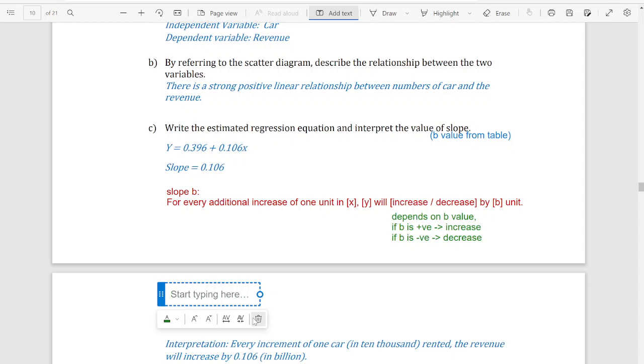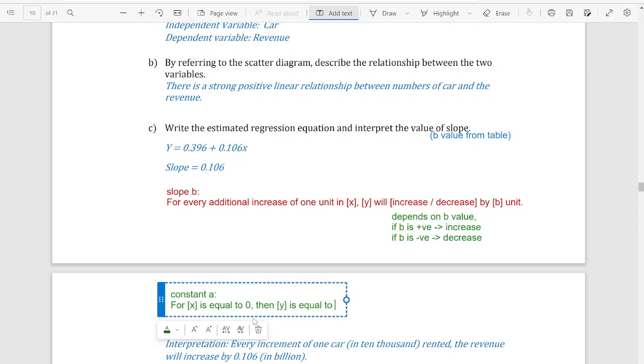Suppose that for constant A, how do you interpret? For X equal to 0, then y is equal to a.